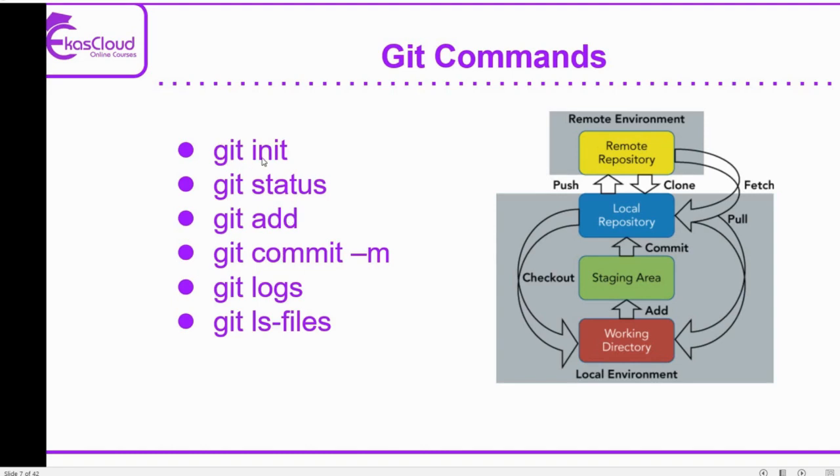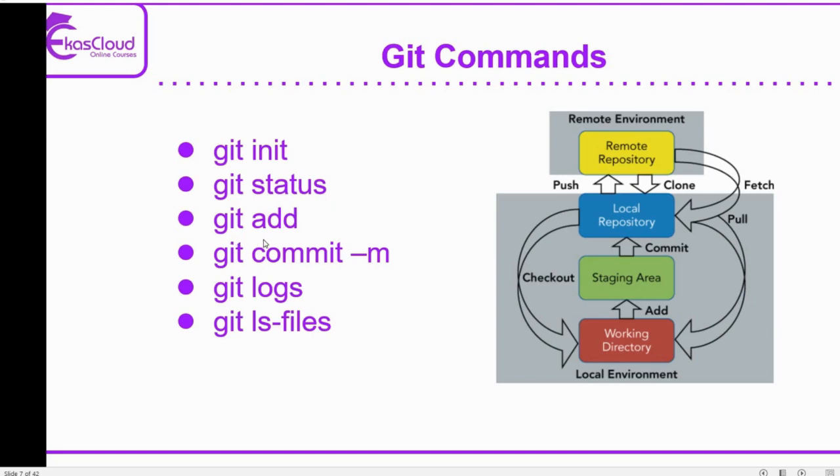First is git init. This command helps to initialize the working directory, and it creates a local repository in that working directory. Then git status. This command will show what files are in the working directory.